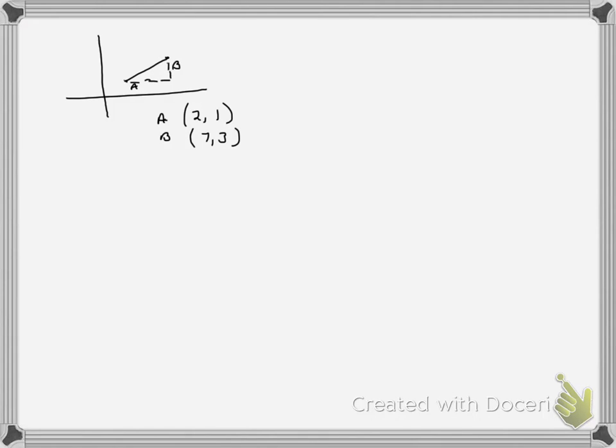Okay, so I would take the difference in the y values. What's the difference when you're going from 1 to 3? You've moved over 2 points, so my slope, which is often represented by m, because recall the general equation.